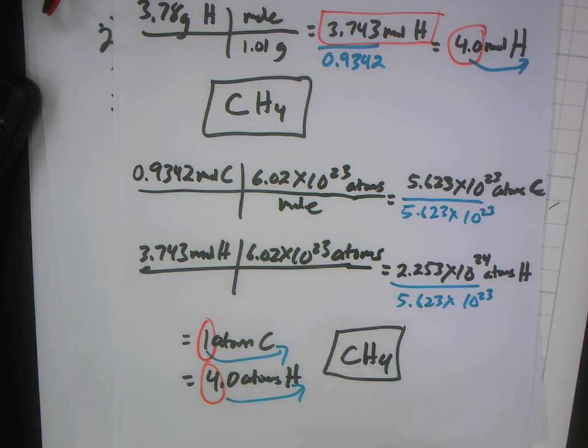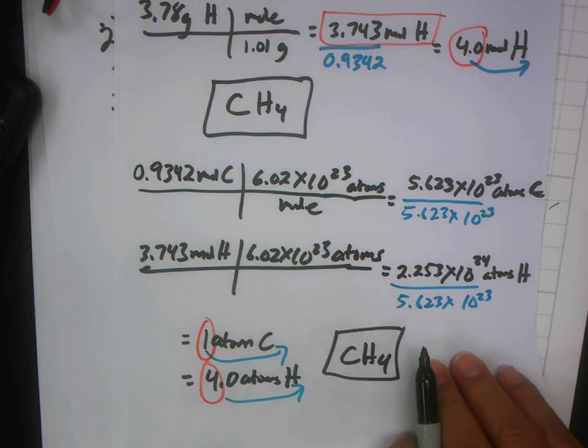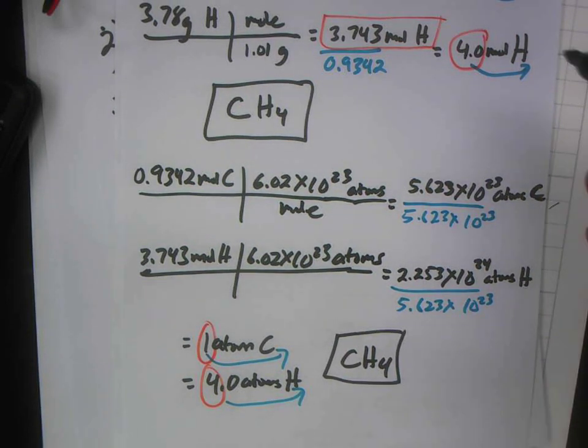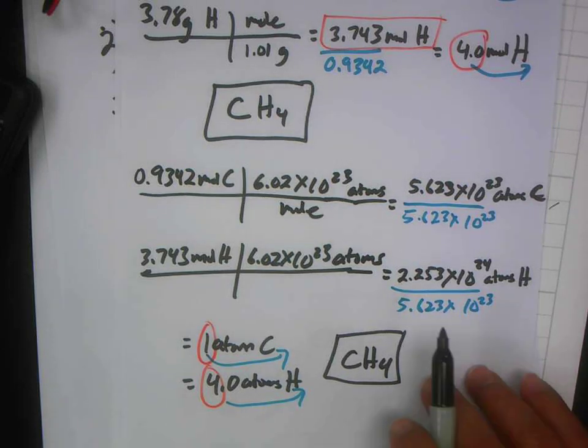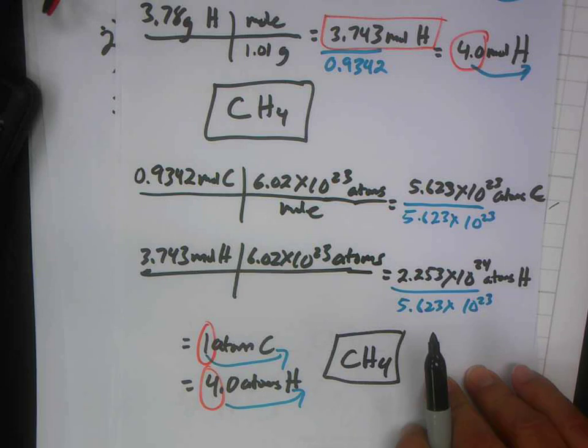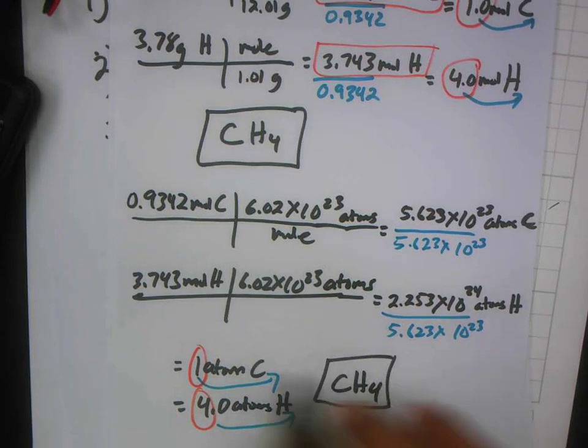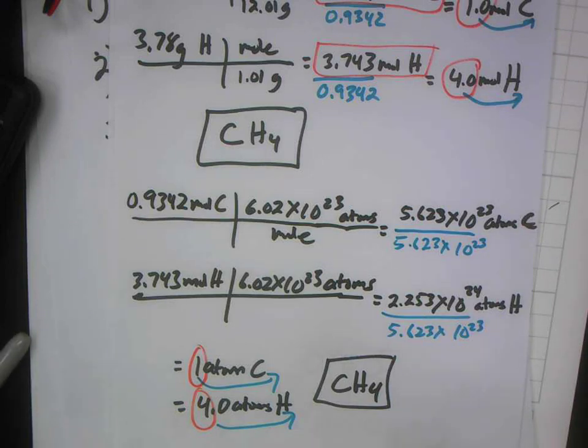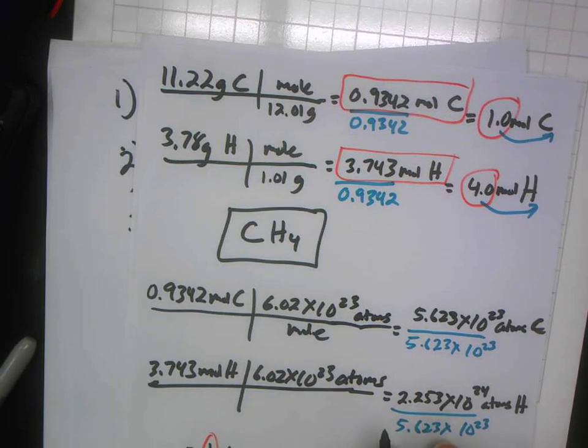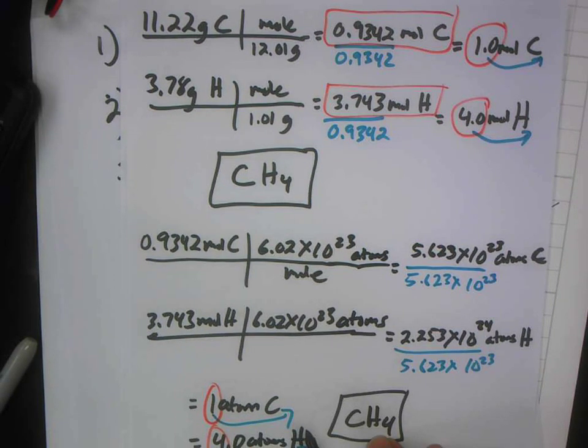Whether you figure out the atoms of each element or the moles of each element, you're going to end up with the same answer and the same formula. That's the only time I'll do all the atoms. I just want to show people that you get the same thing. Usually you can stop once you've turned grams to moles and figured out the mole ratio. Any questions so far on this?